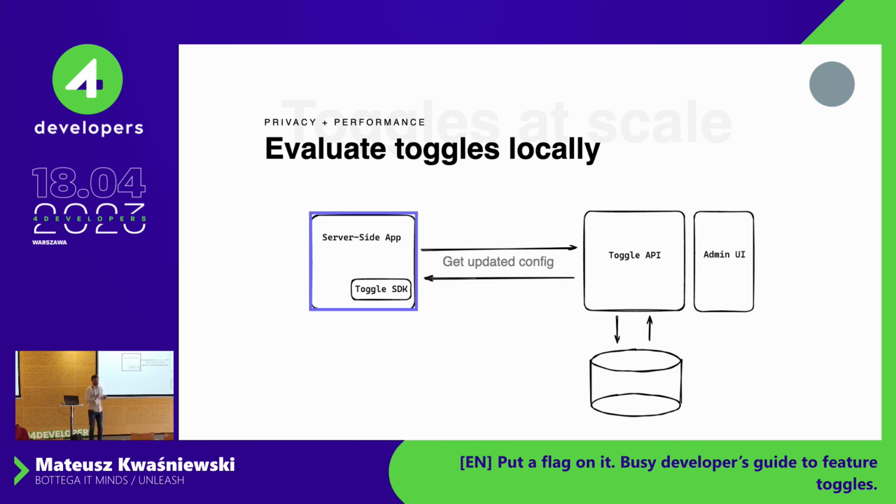First, for performance. You want to evaluate whether a feature is on or off for a given person instantly, but also for data privacy reasons. And I see some of you, you don't mind, for example, sharing your heartbeat with Apple or Google, right? You're wearing those smartwatches. But personally, I'd be very, very concerned, for example, if a banking application was sharing my user data with some Toggle API.